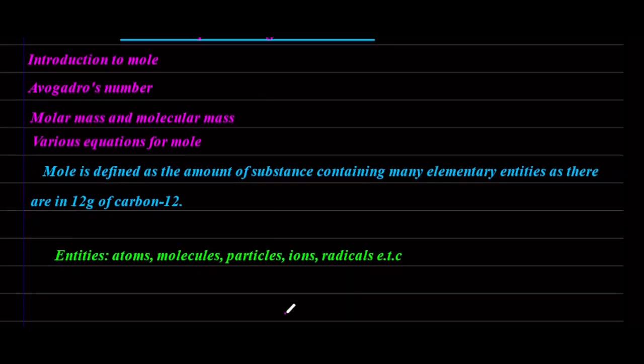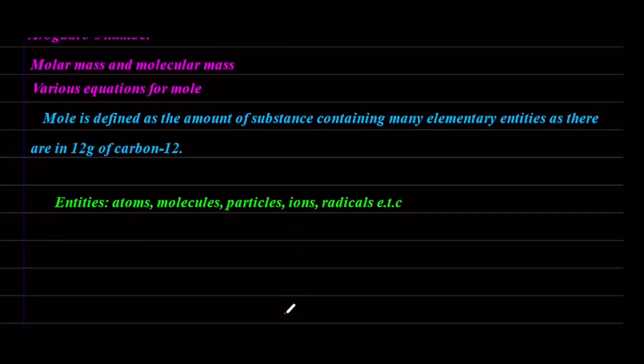That means, for example, we have what we mean by 1 mole of chlorine atom. Here we say mole, and we also mention the entity that it is related to, which is atom. Another example is 1 mole of sodium ions.